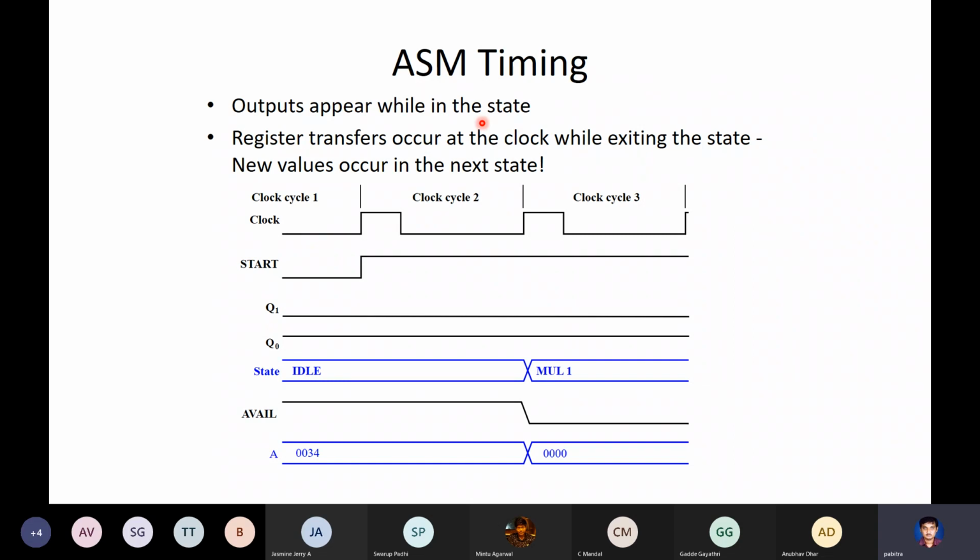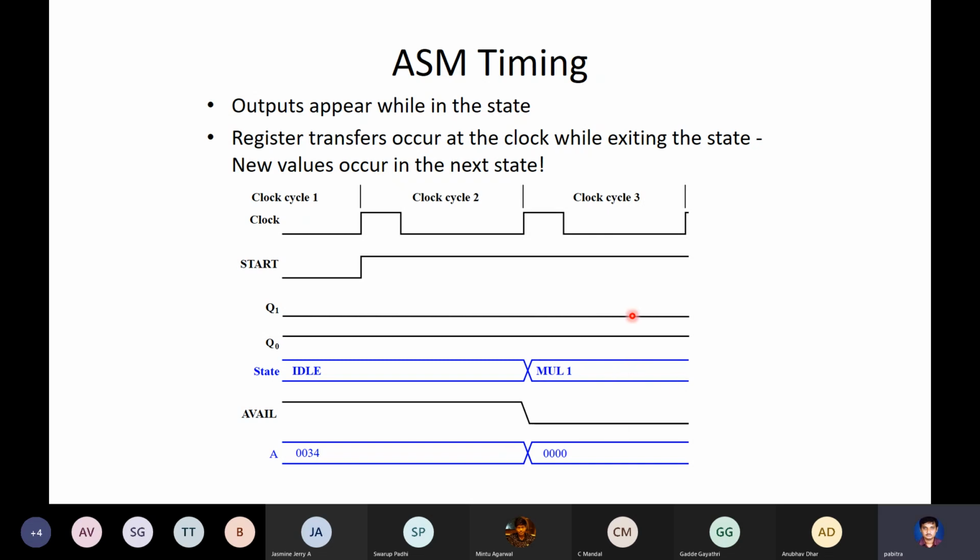Register transfers happen at the clock while exiting the state. New values appear. So there are three actions. First, if you look at the timing diagram, the first part where you are inside a state, the output will appear. At the clock, when exiting the state, the register transfers will take place. And when you are in the next state, the new values of the registers will appear in the timing diagram.